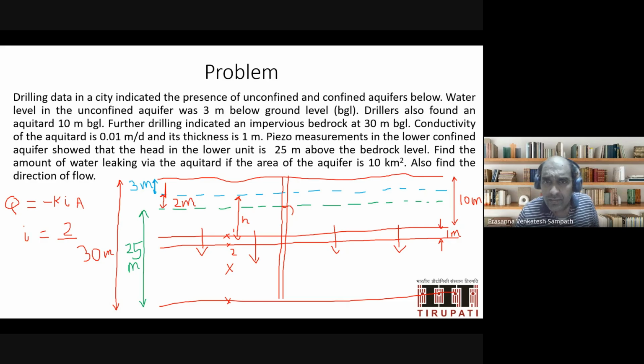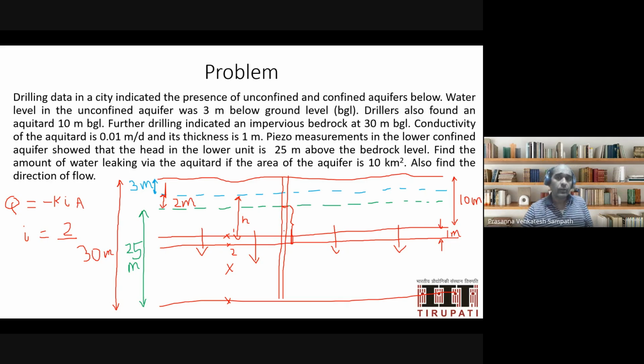It is these many meters above the top. What is that height? It's 6 meters above that, right? The pressure at this point inside the well will be atmospheric.